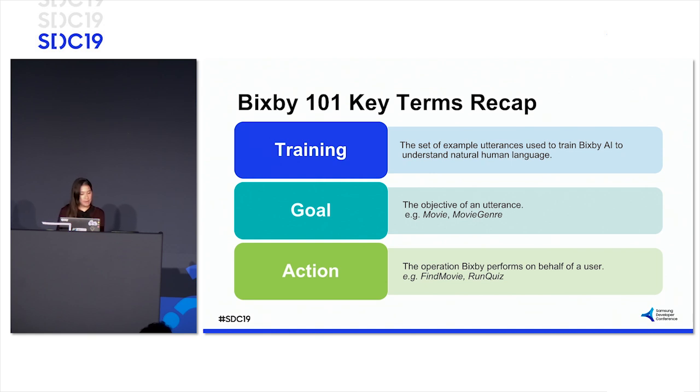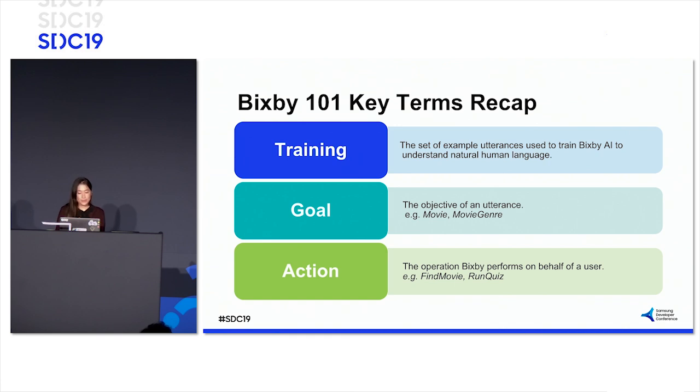So here's the recap. For anyone who's not sure, training is the set of example utterances that we're using to train Bixby's AI to understand natural human language. And this is a step that is continuously appearing and you're working on throughout the development cycle. The goal, whenever we're talking about goals, we're talking about the objective of the utterance. This is often mapped to a concept.